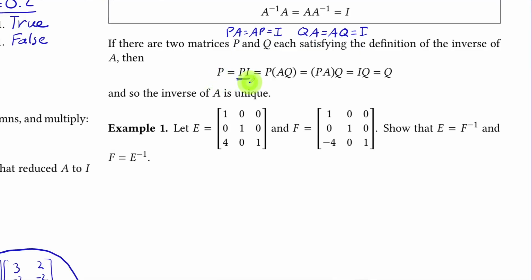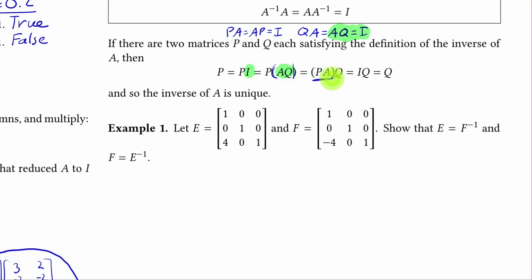So you can see P is the same as P times I, and because we have that Q is an inverse of A, we can replace that I with AQ, and then we have the associative rule for moving parentheses around.